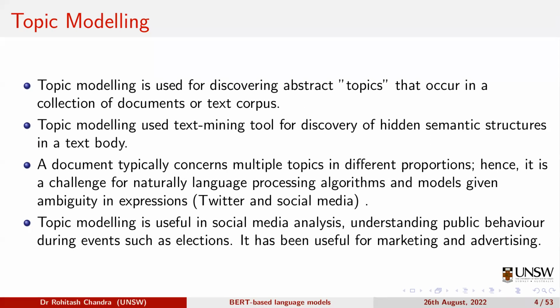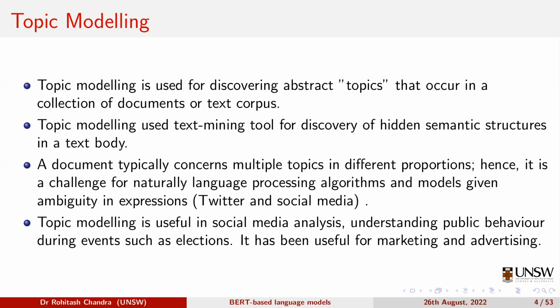Topic modeling: the phrase itself is self-explanatory. You want to understand and model emerging topics in discussions, in texts, and in a collection of documents. It uses tools to discover hidden semantic structures in a body of text.